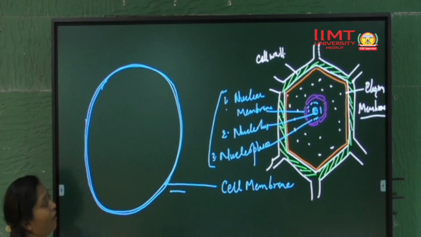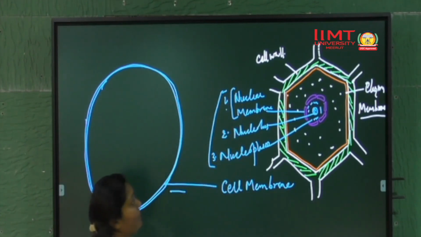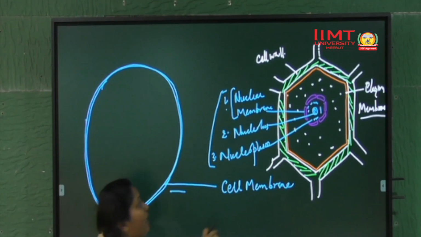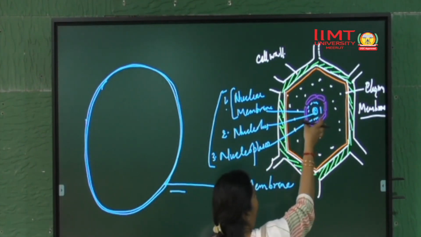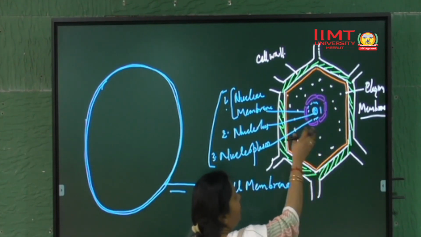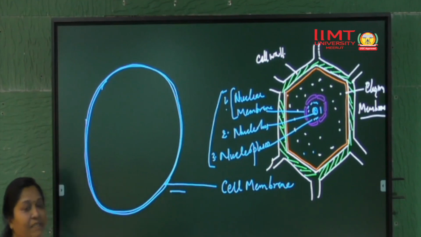In the prokaryotic cells, this nuclear membrane is found to be absent. Because of the absence of this nuclear membrane, the overall content of this nucleus will get dispersed and intermingled with this protoplasm. So that's why the cells are known as prokaryotic cells.